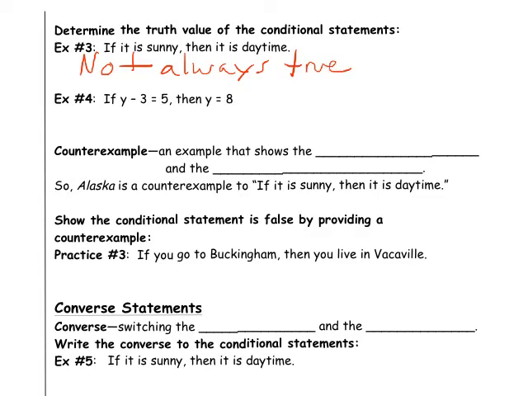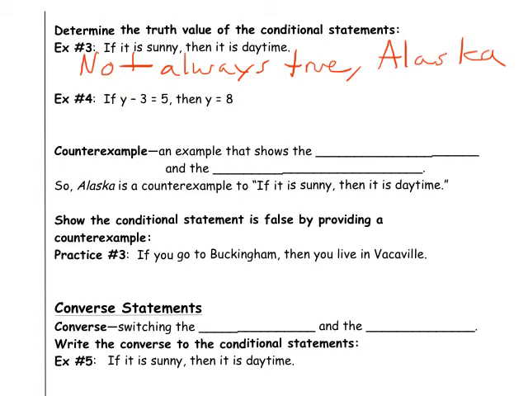There are places like Alaska where it stays sunny all night long. In certain parts of the summer, the sun never goes down. So it would still be sunny, but it wouldn't actually be daytime. It would still technically be nighttime. So this statement is not always true. And in order for a conditional statement to be true, it has to always be true. And this one is not always true.